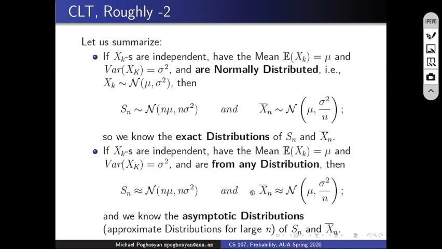This is the meaning of the central limit theorem, and this is why the normal distribution is very important and shows up so much in applications. If you have a sum of independent things, or an average, like average weight or average height, then you will have an approximately normal distribution, and you can calculate with the normal CDF.